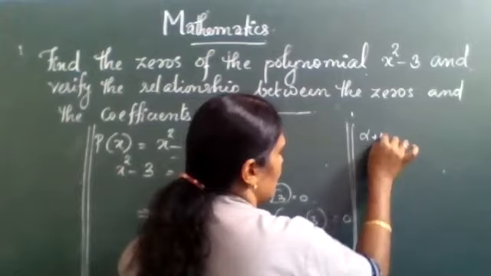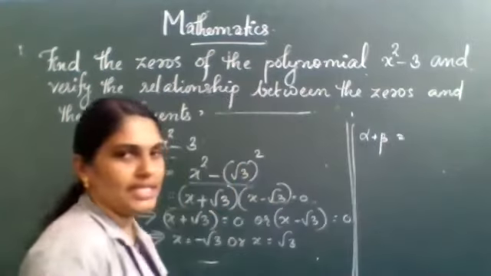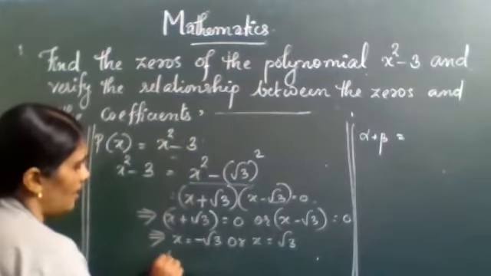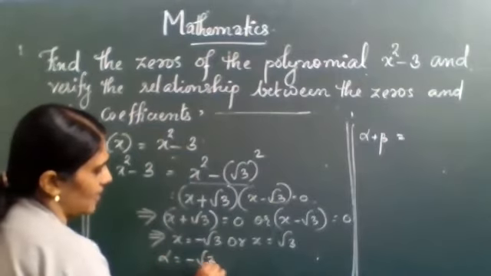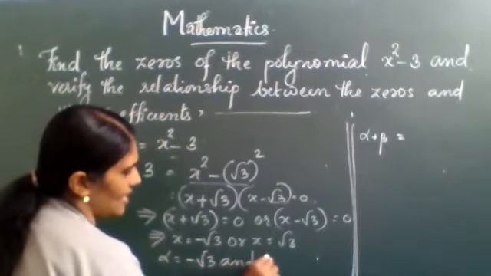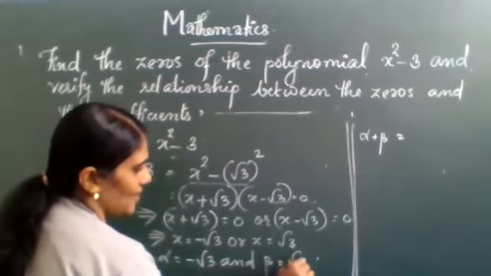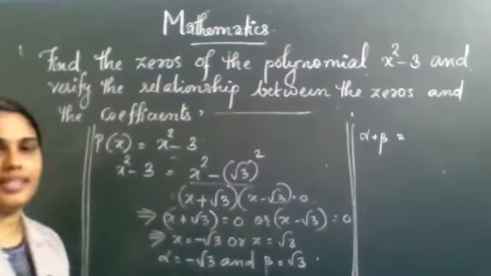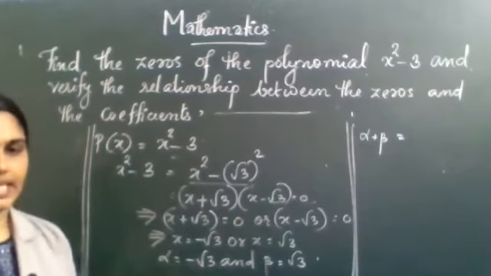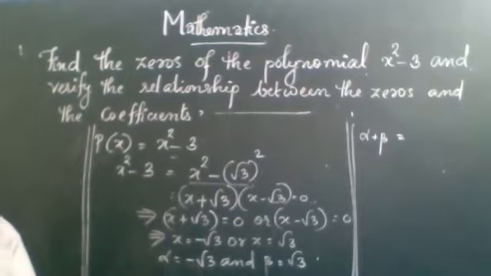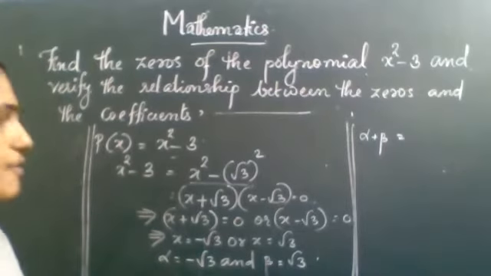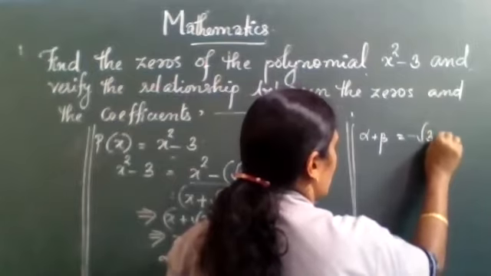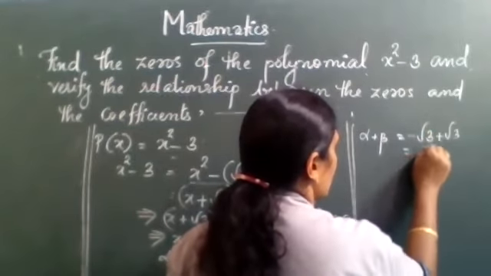Alpha plus beta. Here alpha is minus root 3 and beta is plus root 3. Alpha plus beta is equal to minus root 3 plus root 3, that is 0.